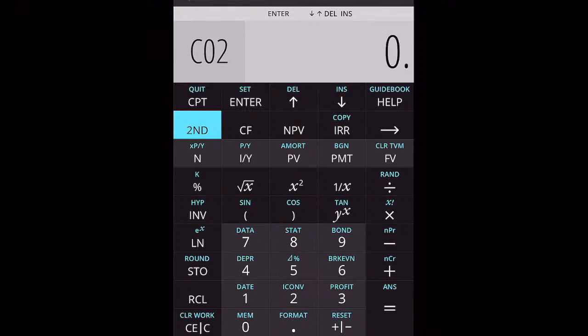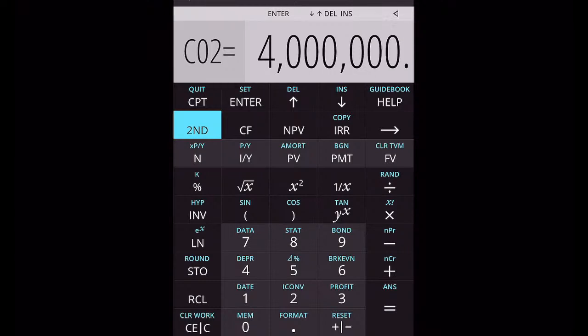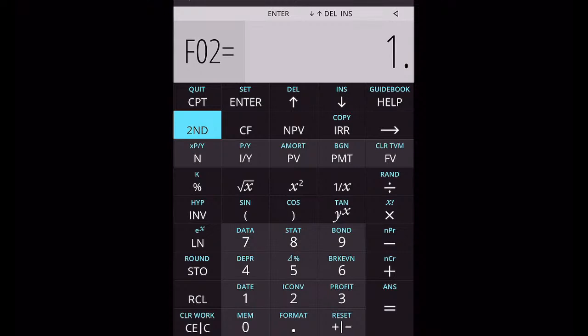And even though it says cash flow 2, I've told the calculator that I had the initial investment, 4 periods of nothing happening, and then the final period I'm going to make $4 million. So $4 million with a positive, and I enter it and scroll down, and that's a frequency of 1, and I'm done.